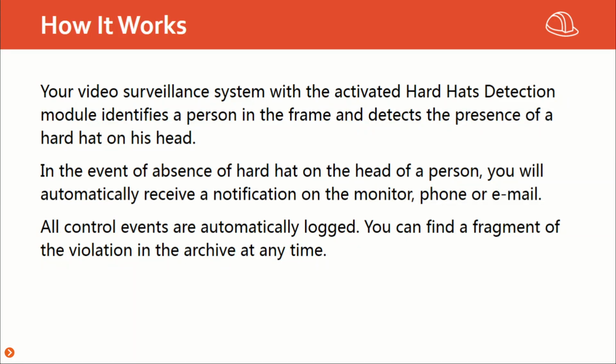In the absence of a hard hat, you will get a notification in the form of SMS, email, or push notification. An event of such nature will be logged into the system so that you can access it with the fragment of video giving you the footage of the violation.